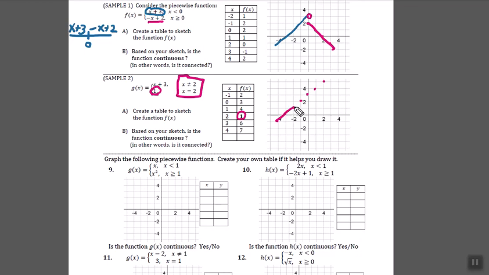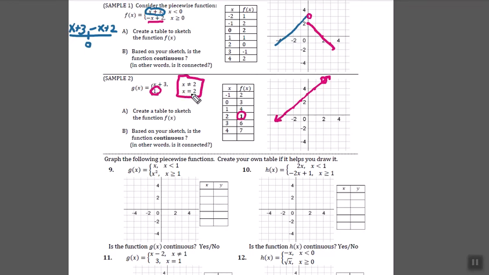This is our problem. The only problem, though, is the top function right here is not defined at 2. So at 2, there should be a little bitty gap right here. So we should have, technically, a little open circle going on right here, because the top, x plus 3, is not defined at x equals 2. It exists everywhere else.